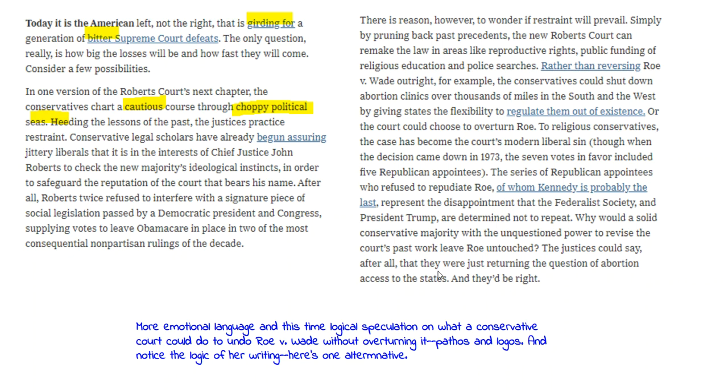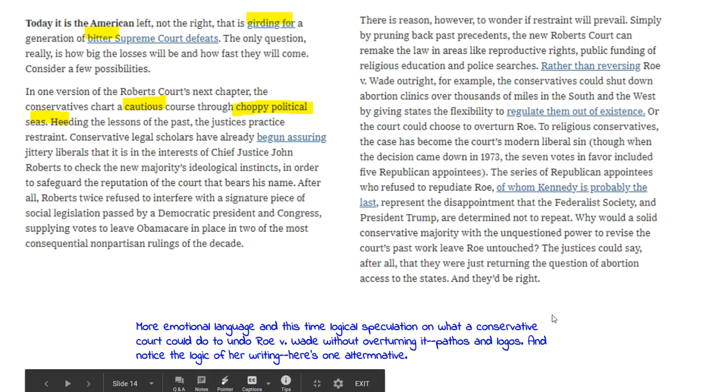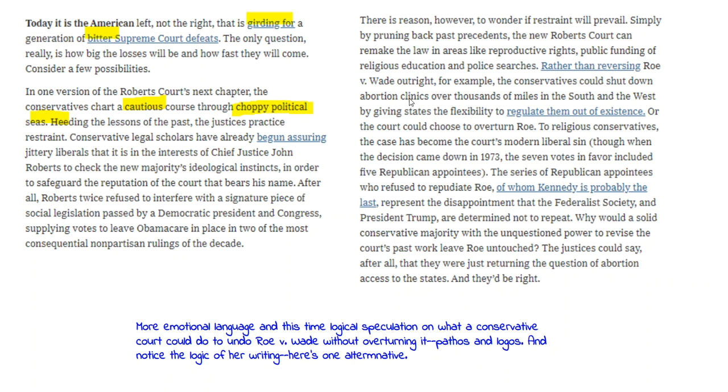More emotional language, and now kind of a logical speculation on what could a conservative court do to undo Roe v. Wade. And so using these triggering words, but then arguing with reasoning. And do notice all of these hyperlinks, these are things that you could follow and get even more background.